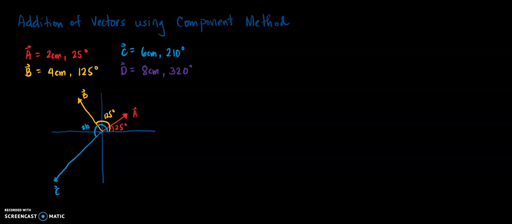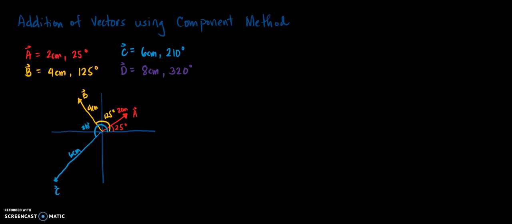That is 210 degrees. This is 6 centimeters. For vector B, this is 4 centimeters. For vector A, this is 2 centimeters.